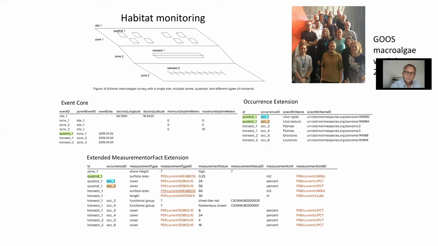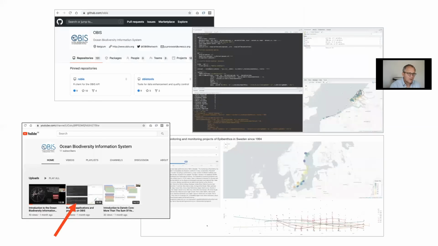So that is also possible now in OBIS. By using the measurement extension, you can just link to a habitat vocabulary, and the measurement can then be a cover of a particular habitat, or percentage cover, or surface area of a particular habitat.